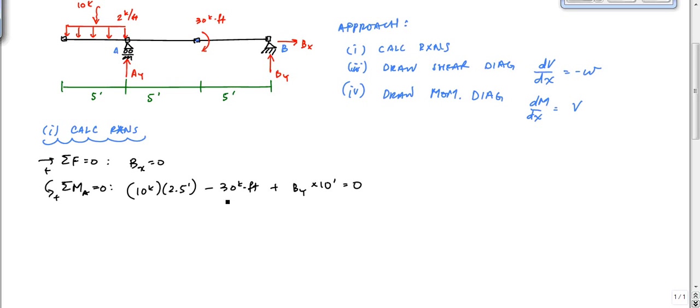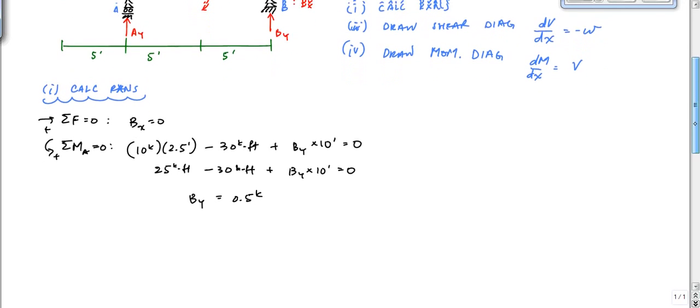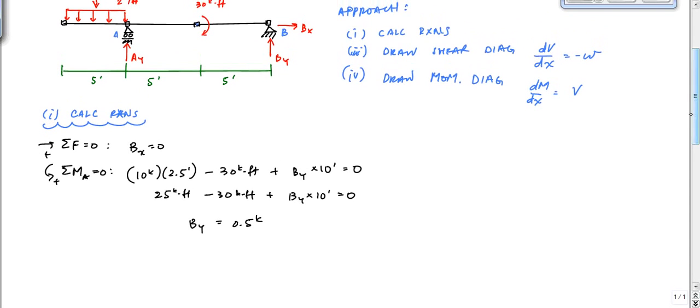2.5 times 10 is 25, so that's 25 kip-feet minus 30 kip-feet plus By times 10 feet equal to 0. That tells me By is 0.5 kips. Then I can use either equation: take moments about B or sum forces in the vertical.